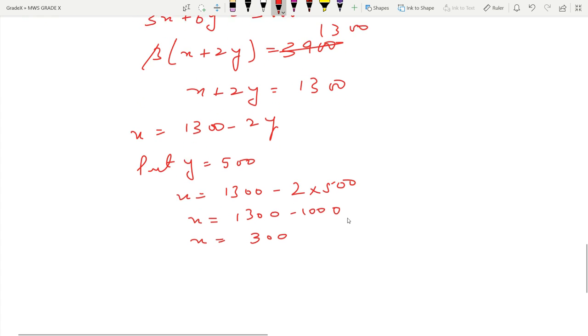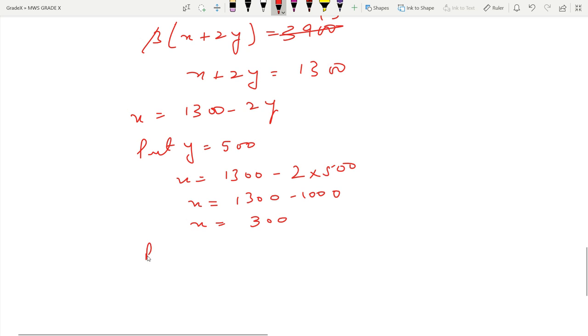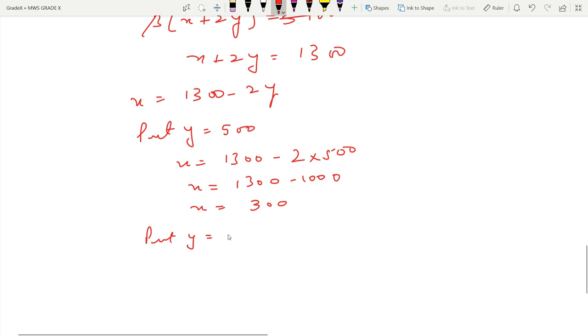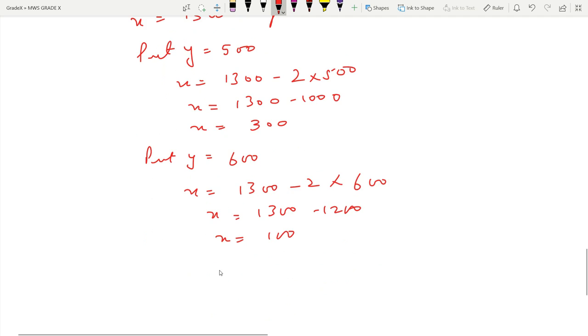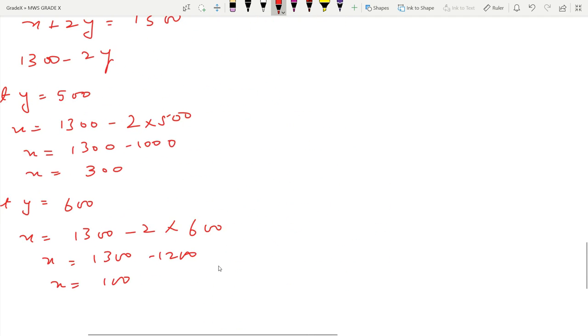Then put the value of y in the same manner as 600, then x is equal to 1300 minus 2 into 600, and 1300 minus 1200 is 100. So let us write in a box.